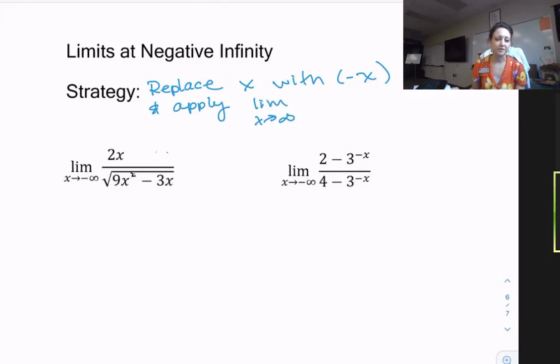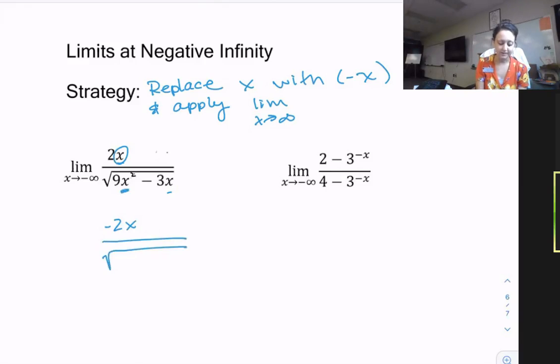All right, so let me force a pause on your screen and copy my two limits here. Okay, so I see that I'm approaching negative infinity. So what I'm going to do is anywhere I see an x, so here, here, and here, replace it with negative x, okay? So if I replace this x with negative x, I would get 2 times negative x, which would be negative 2x.